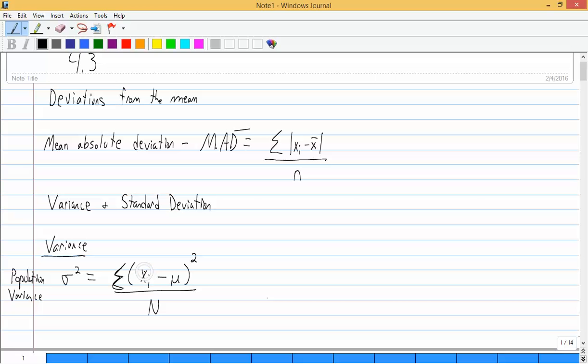So you have to make this calculation for every x value. X minus, and then what is mu? Remember, that's the population mean. And then capital N, that's going to be the number of items in the population.